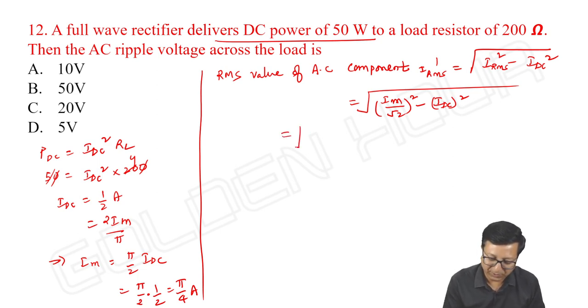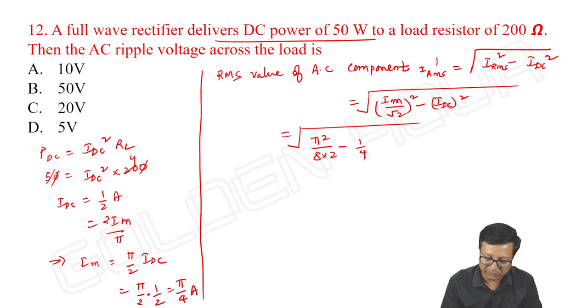Im is pi by 4, so it is pi square by 16 into 2, so pi square by 32, minus IDC whole square, which is 1 by 4.